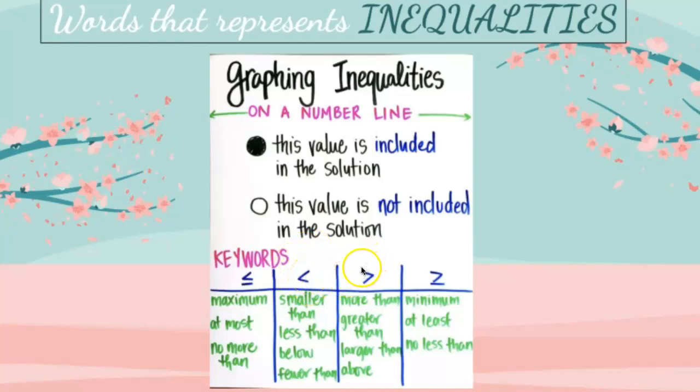If it is greater than, we could use the words more than, greater than, larger than, or above. For the symbol greater than or equal to, we get minimum, at least, or no less than. Those are the words that could help us identify which inequality we're going to use.